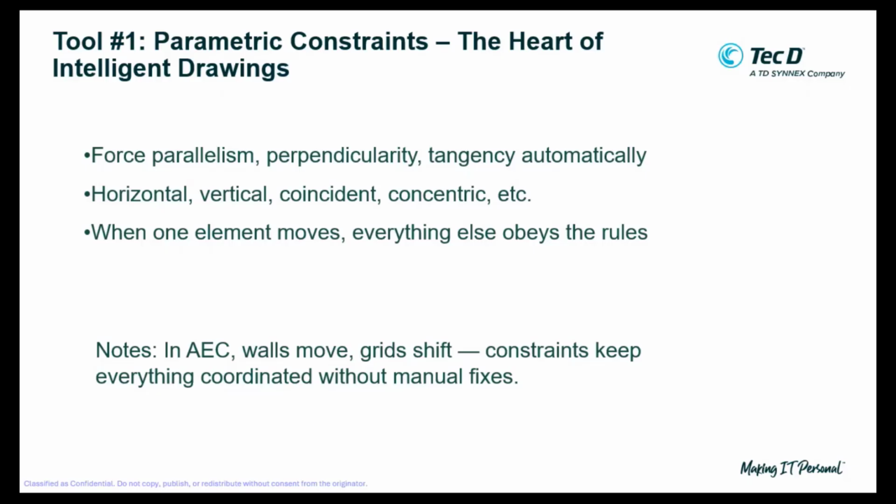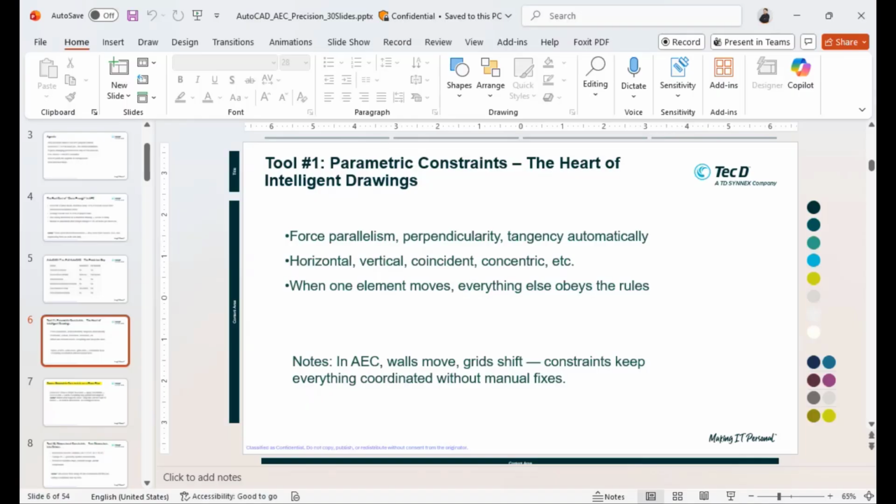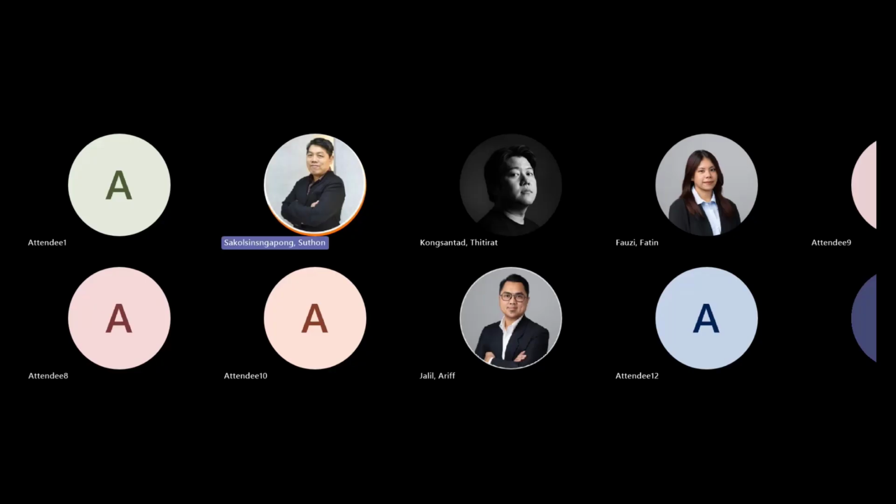In AEC, when a wall moves or a grid shifts, constraints keep everything coordinated without manual fixes. This one I will show you live in the software. Please give me a moment to switch to the software. Okay, I will show you live in the software here.